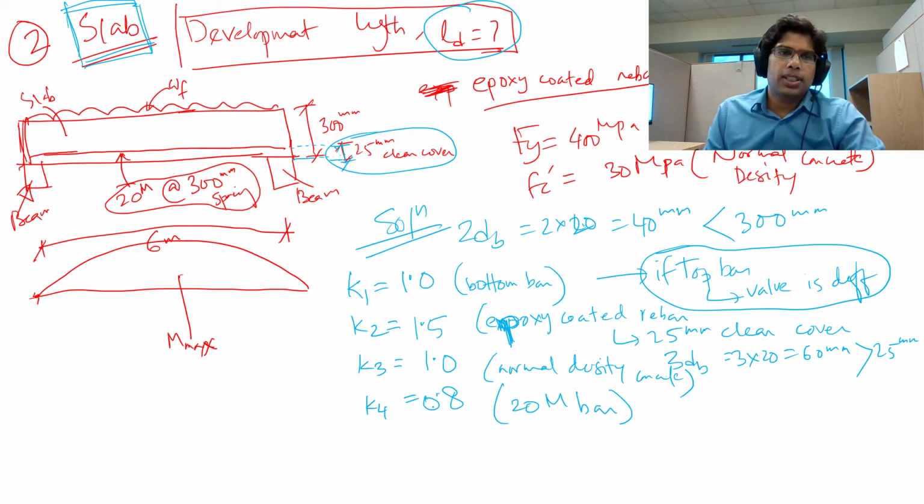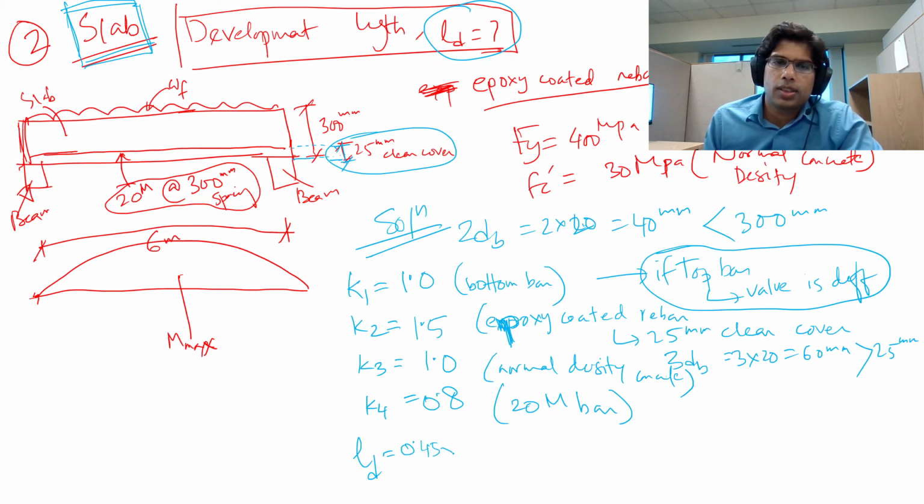So now we put everything in the equation. The equation of LD equals to 0.45 K1, K2, K3, K4, and then Fy by root over F prime C multiply the diameter.